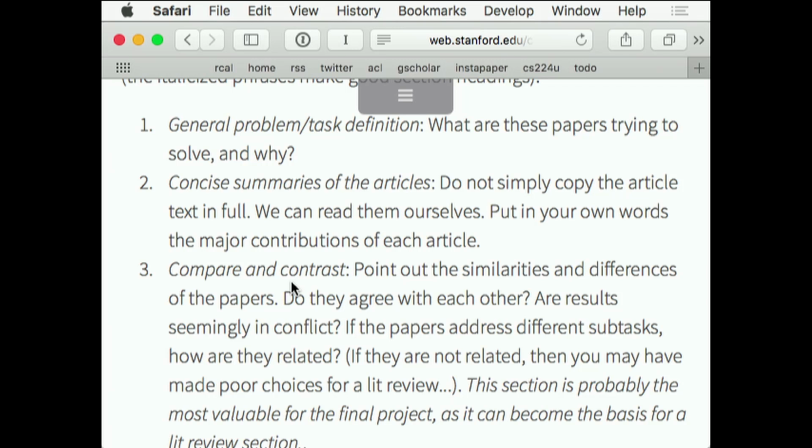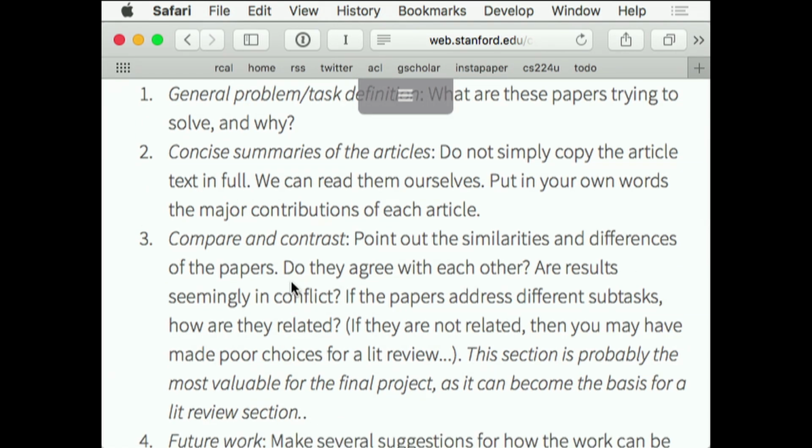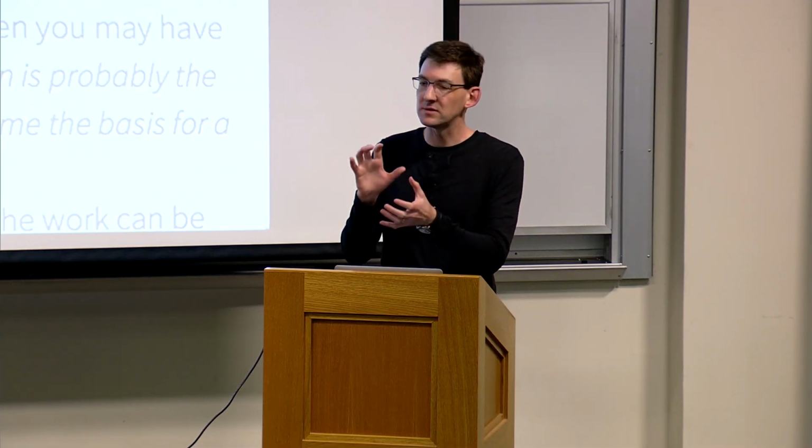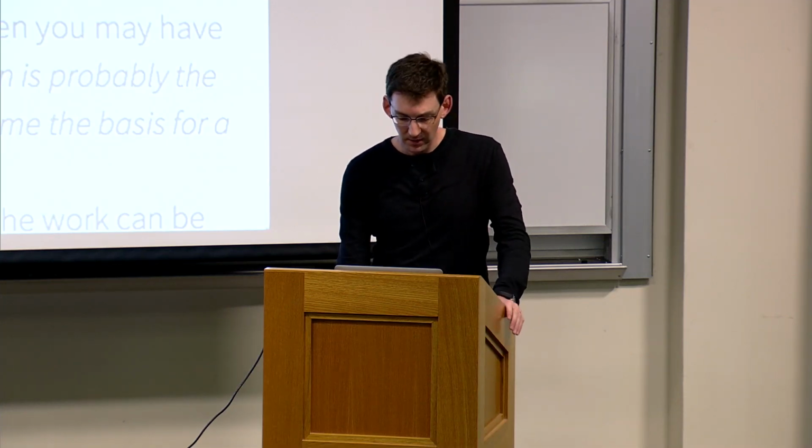You should offer some concise summaries, but what you should really be doing is trying to tease out the major contributions, and also, getting to 3 here, where these papers are alike, where they're different, where they're starting to fall down or have left gaps, or where there's obvious room for improvement. Maybe it's an older paper and you know about some newer models that would be worth trying on the task, in which case that's an obvious thing to point out, because that might start to point out the outlines of the project that you ultimately want to do.